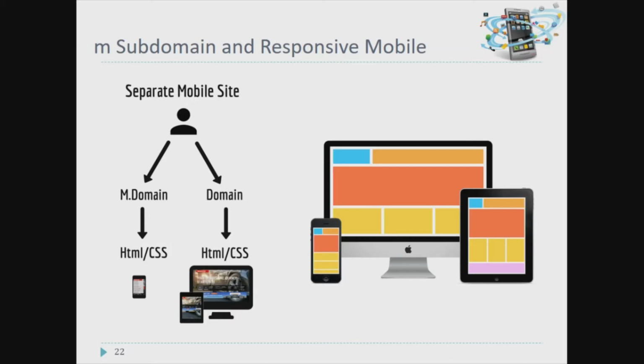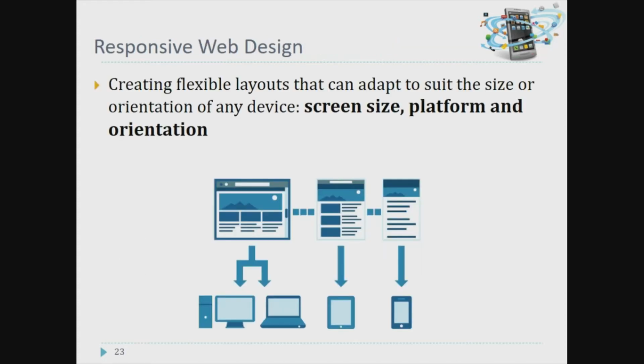When we have responsive mobile technologies, we only have to develop one site, and the responsive design will detect what kind of device we use to view the content. So it will respond to the size or resolution of the screen that we use. It creates a flexible layout that can adapt to the size or orientation.